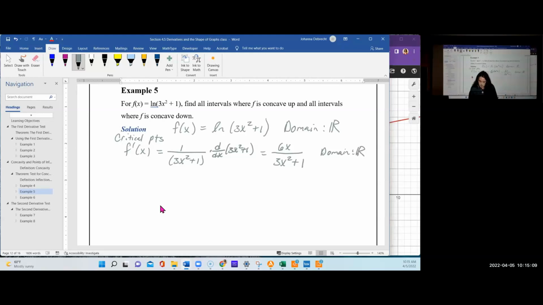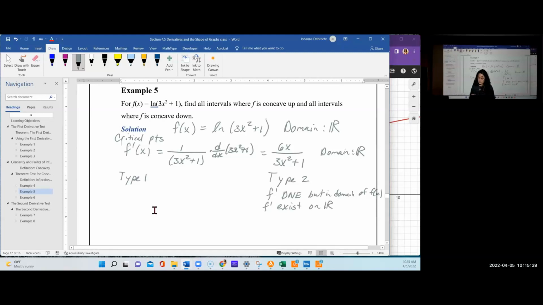So now what we want to do is look for our type 1s, because since the domain is all reals, there are none of type 2, because that would be where the first derivative does not exist, but is in the domain of f of x, and all of them exist. So it exists everywhere on all reals, right?